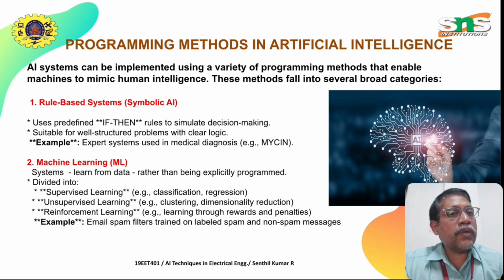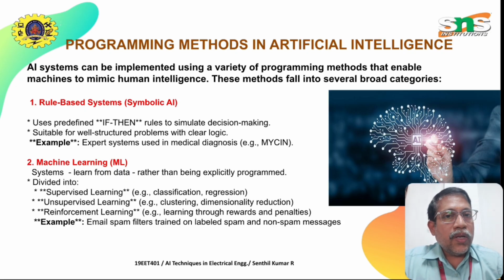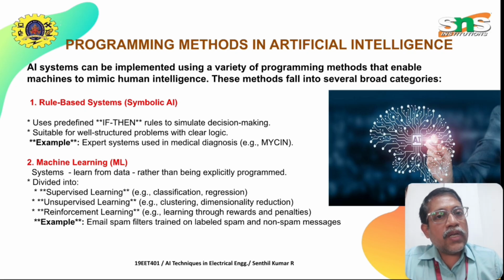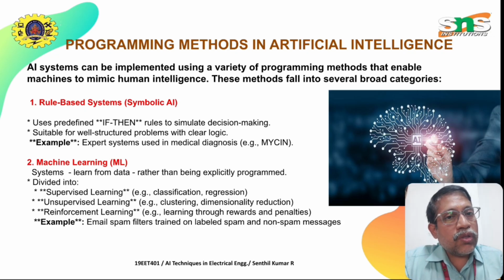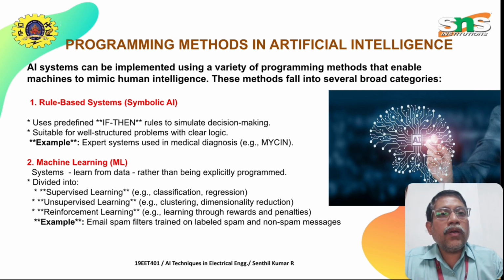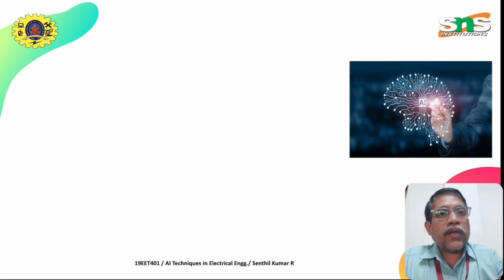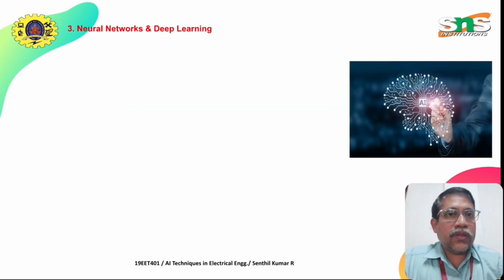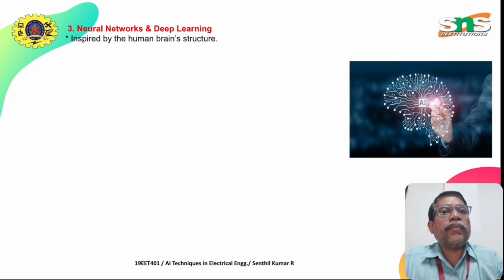Supervised learning is based on examples such as classification. Let me discuss these machine learning concepts, supervised, unsupervised and reinforcement, in a separate video with an example. For now, let me move to the next part, neural networks and deep learning methods.